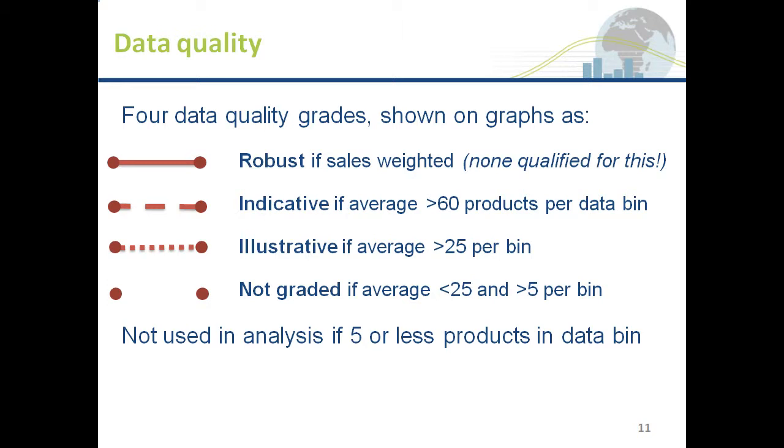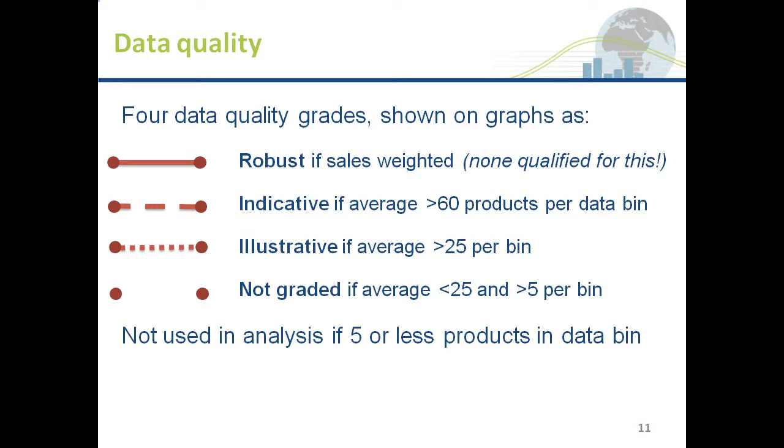The other two data qualities that we generally use in the analysis that we carry out under this annex are indicative and illustrative. For the purposes of this particular analysis, our definition of indicative data was an average of at least 60 products used to create the average for that point on the graph. And if there were over 25 products that contributed to the average of that point, then we join the points with the dotted lines that you can see there.